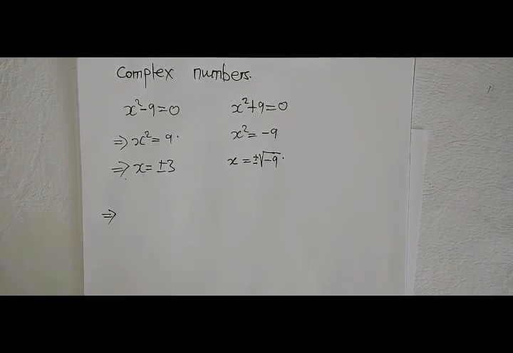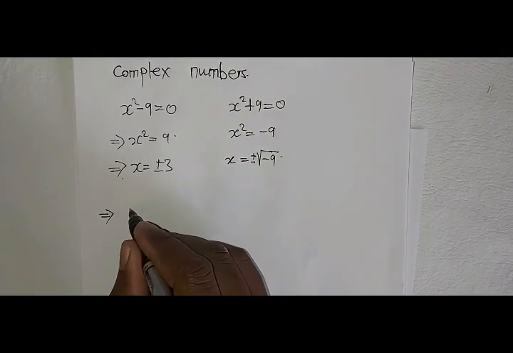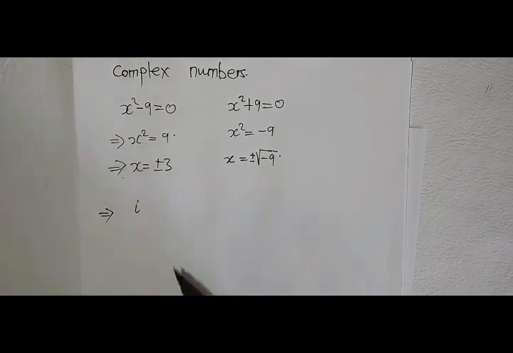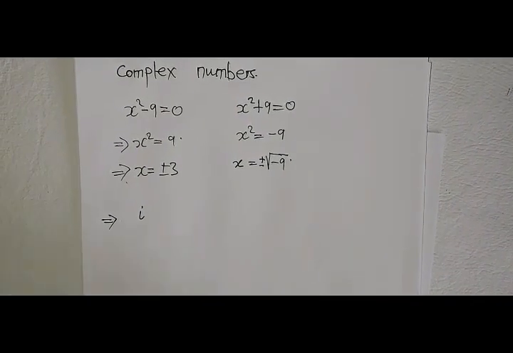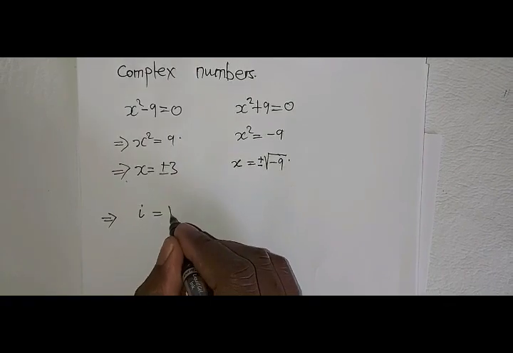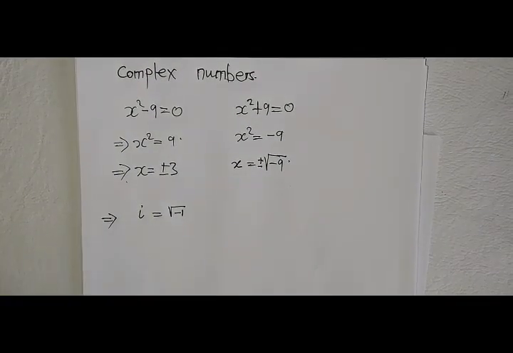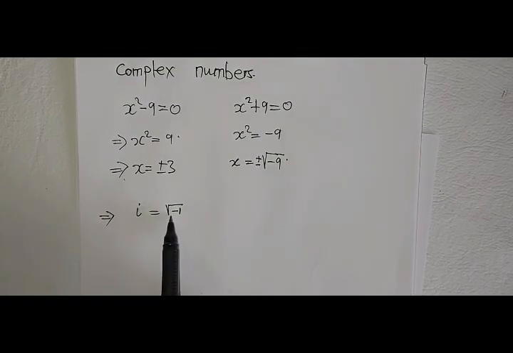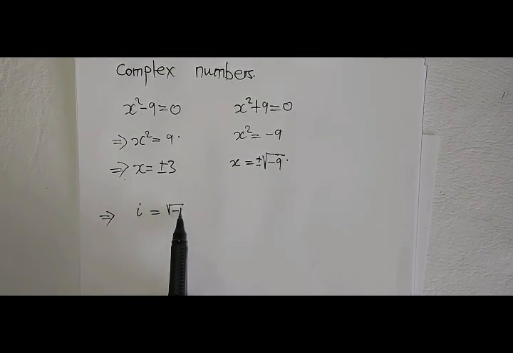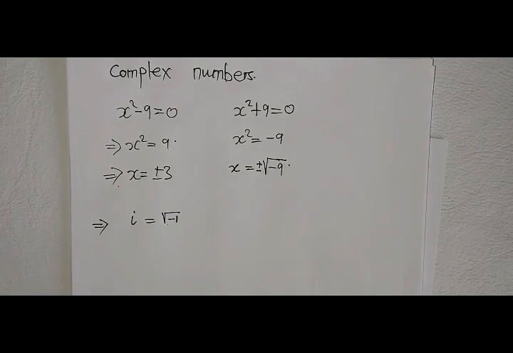For example, I'm going to give you i, which I'm going to call the imaginary part, given as square root of minus 1. Where there is square root of minus 1, I'm going to replace it with i.